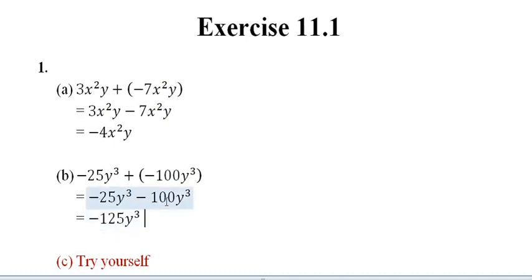Since both monomials have the same sign, we write minus 125y cube. Why minus 125y cube? Because these two are negative numbers, and when there are two negative numbers together, we add them. So minus 125y to the power 3.